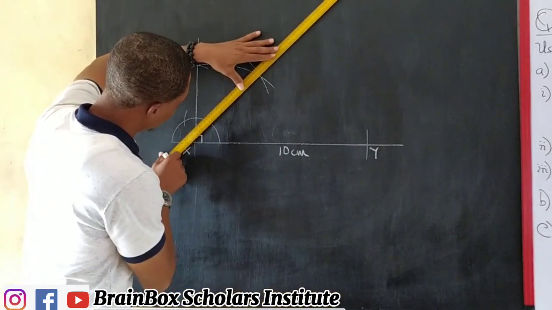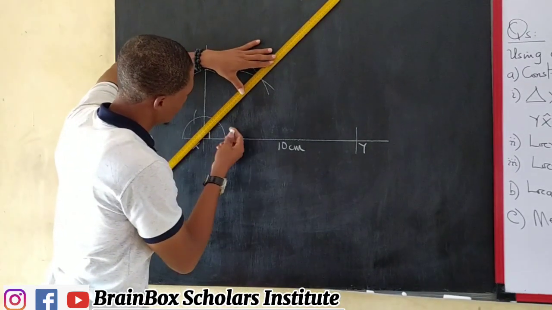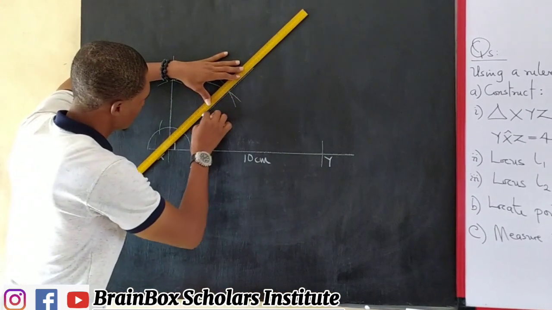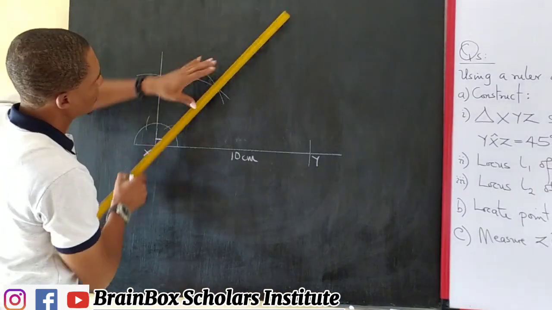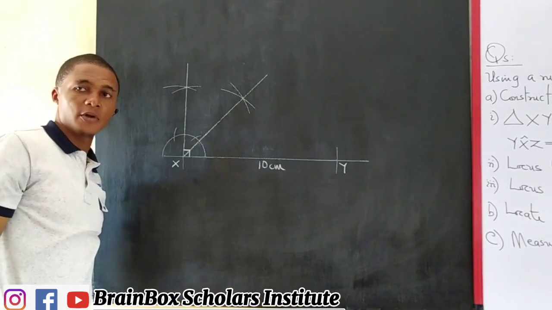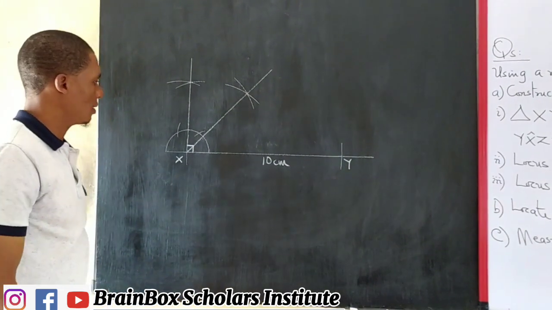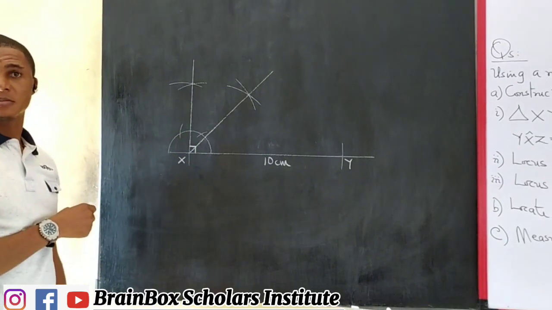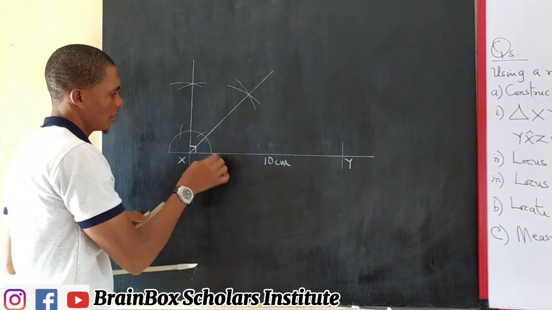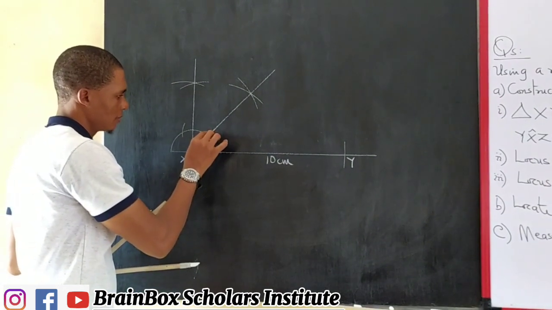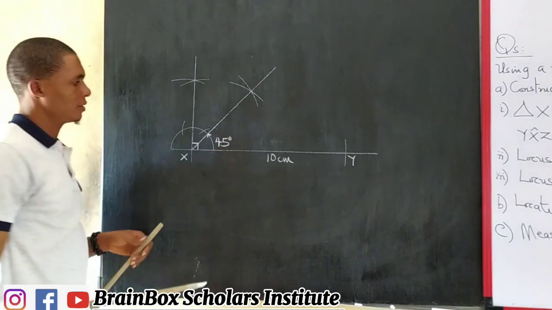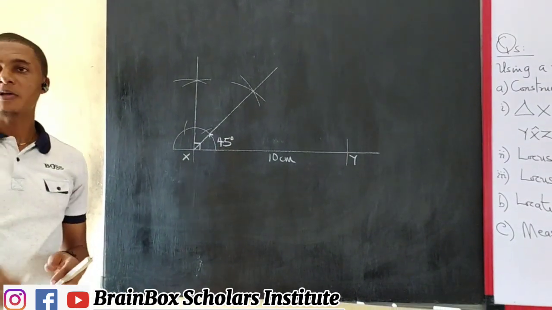So this is my 90, this is my 45 degrees. Alright, so I've done this. Are you following? Nice one. So here is my first line, my 45 degrees.